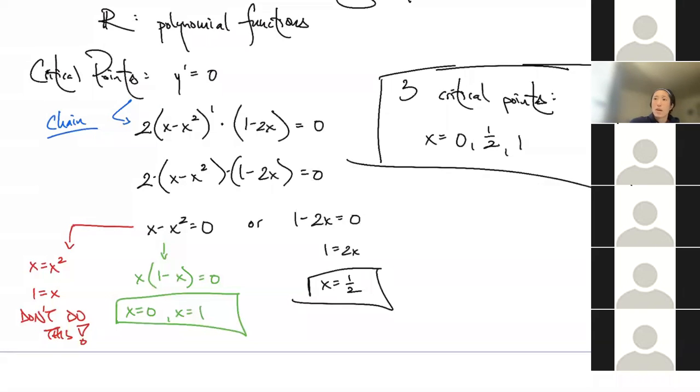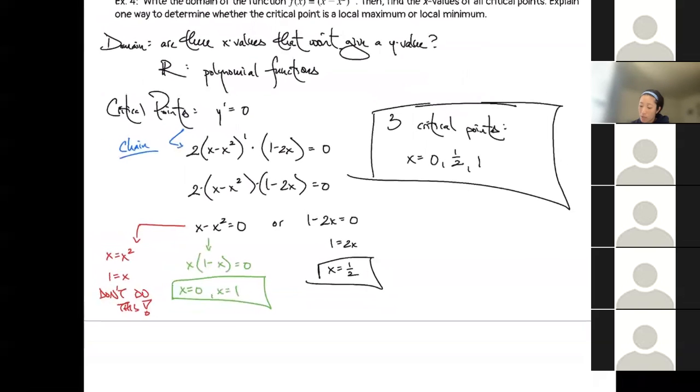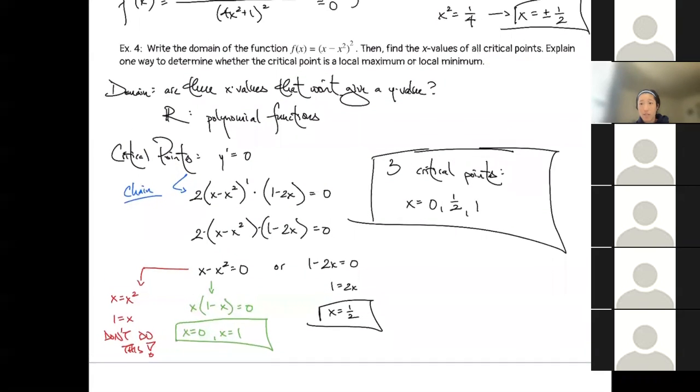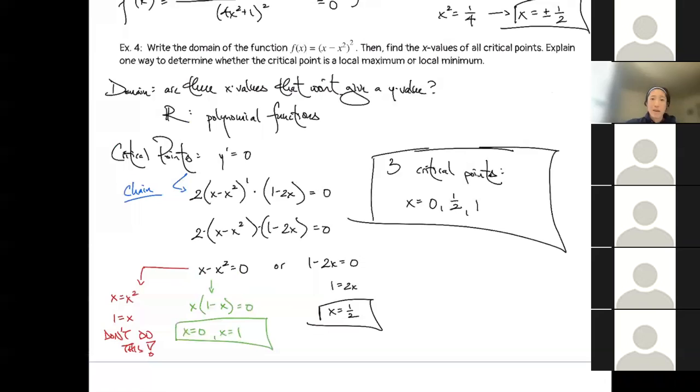We've got 0, 1/2, and 1. We could, as folks suggested earlier, take each of these points, plug them back into the original function and find the y values that go with them. Or maybe there's something about slope and derivatives that might be helpful for us here. Okay. So that, folks, is 4.3 in a nutshell.